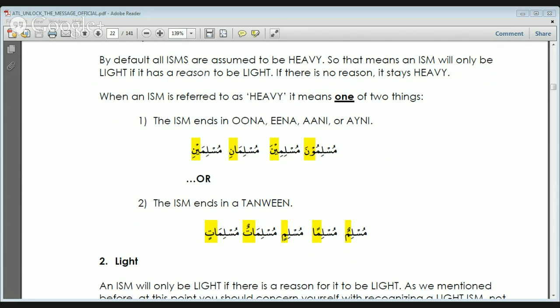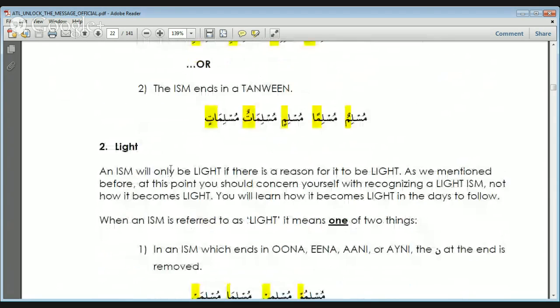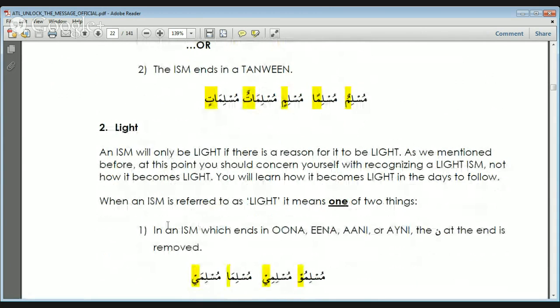Now let me ask you guys, what do you think light is? Without looking ahead, just taking a guess. Whatever is not heavy. Literally, it's going to be the opposite of heavy. So I'll show you what it is now. Light isms.